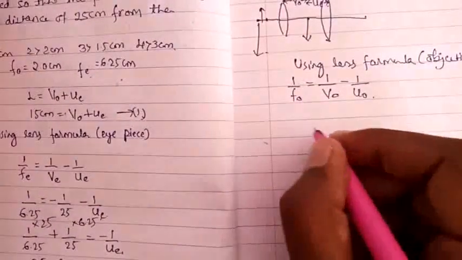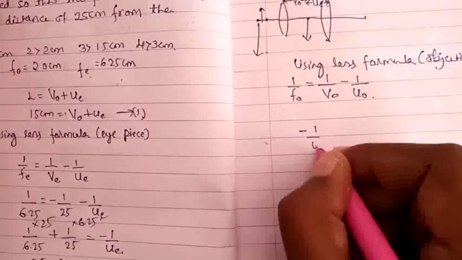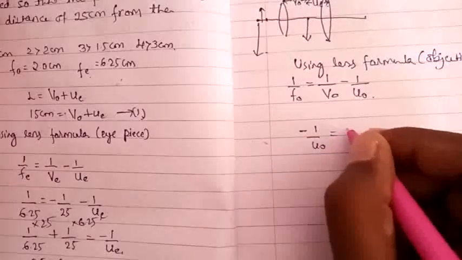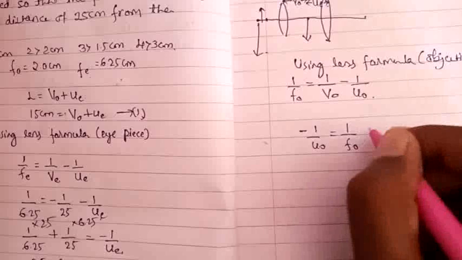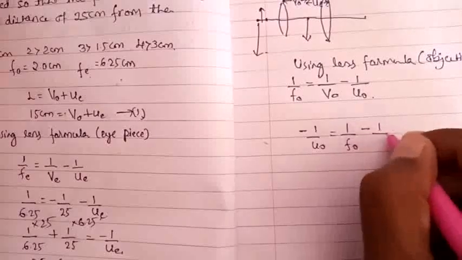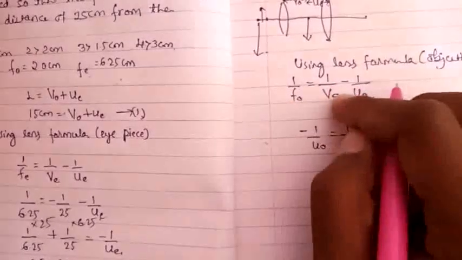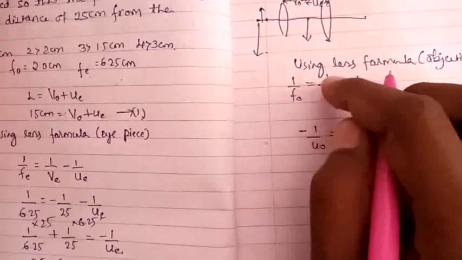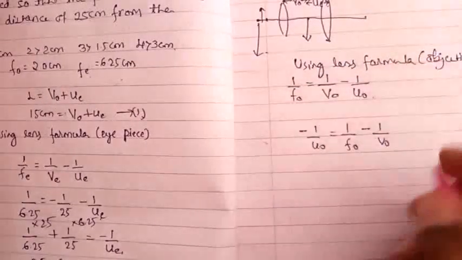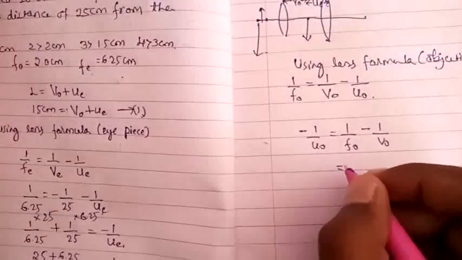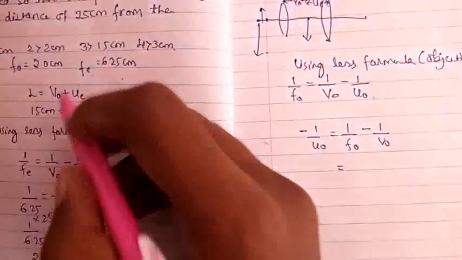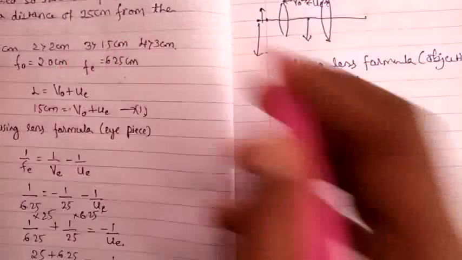Then minus of 1 by UO is equal to 1 by FO minus 1 by VO. I will take this 1 by VO to the left hand side, that becomes minus 1 by FO minus 1 by VO. What about the focal length of the objective lens? The focal length of the objective lens given is 2.0 centimeter.